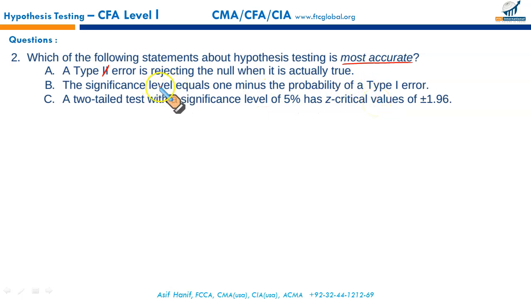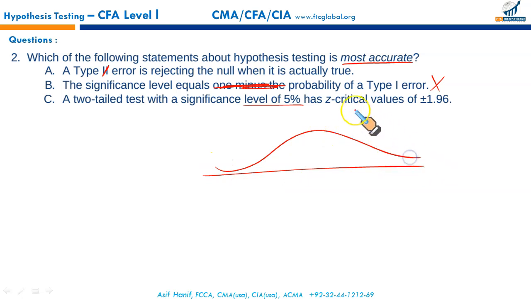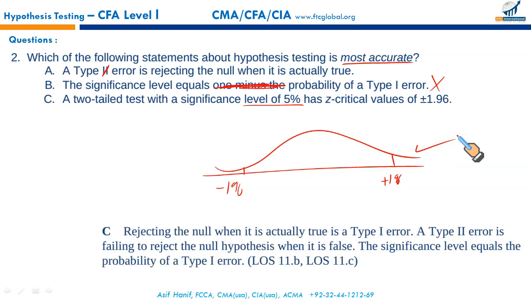The significance level equals the probability of type 1 error. So it is incorrect as well. A two-tailed test with a significance level of 5% has Z critical values of plus 1.96 from the mean and negative 1.96. That is true. We've just done it a little while ago. So that makes C your correct option.